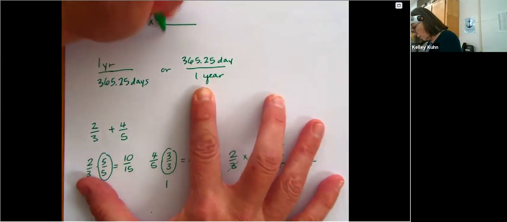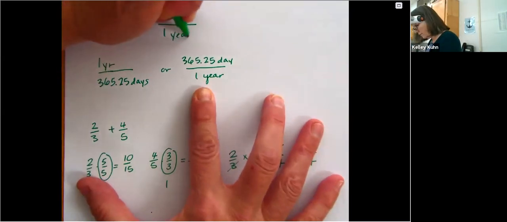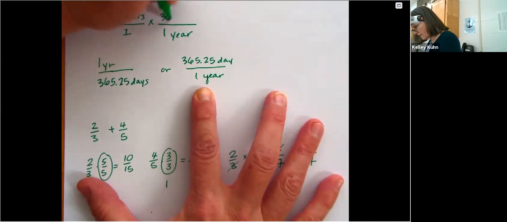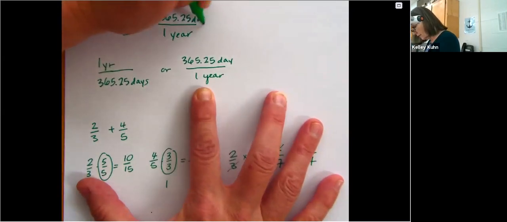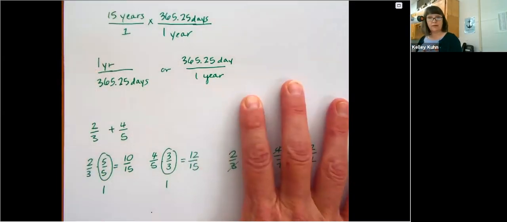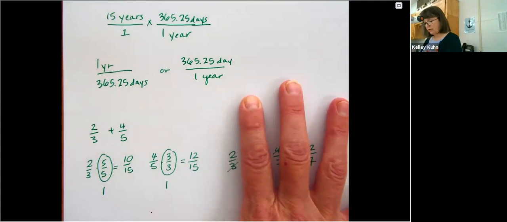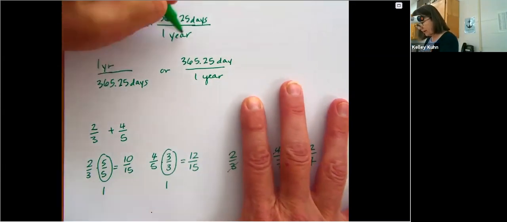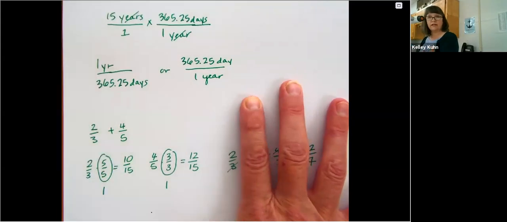So I've brought my 1 year here and my 365.25 days here. So right now, if I was setting this up like a fraction to multiply, my unit of years is on top and on bottom, so it would cancel out. This will get easier, I promise.